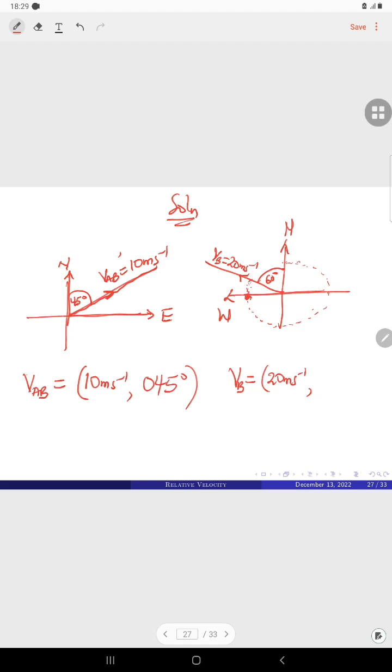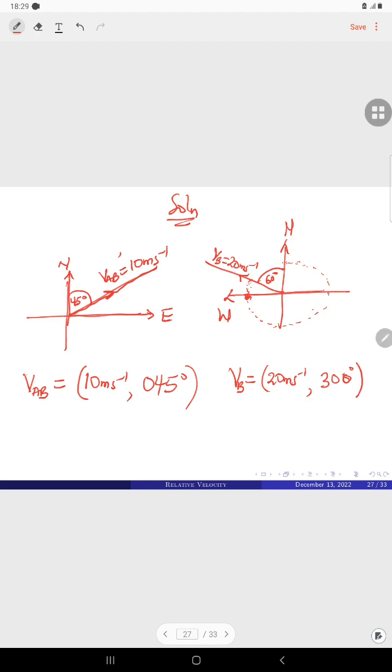This small angle is 30. So 270 plus 30 gives us 300, right? Is that correct? You get 300. So that is that. Now, we have gotten this. We are good to go.